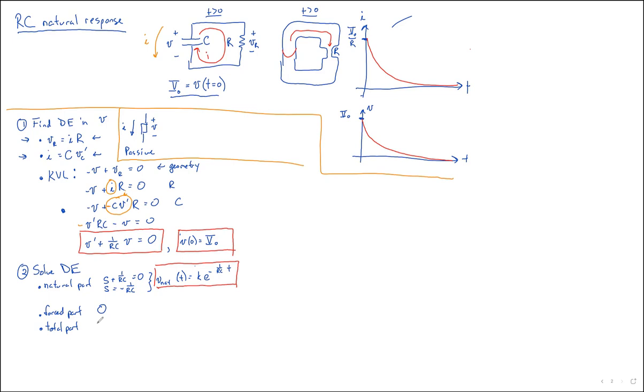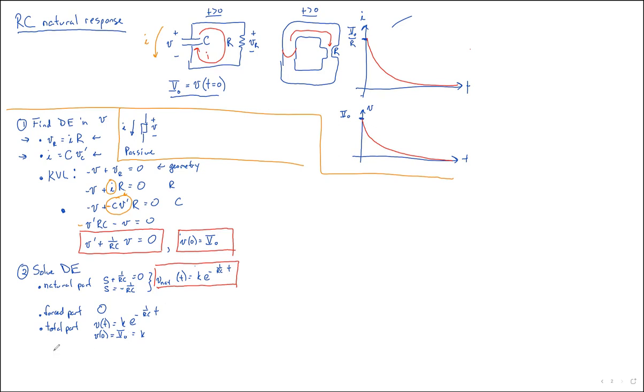And so the total is going to be V is equal to K e to the minus 1 over RC times T. We substitute in our initial condition, V of 0, which we said is equal to V sub naught, is equal to K. And then, Will, what is this over here when we substitute in 0 for T? That's going to just go to 0 up top, which would pull everything to 1. That's exactly right. So it's times 1. So therefore, K equals V sub naught.